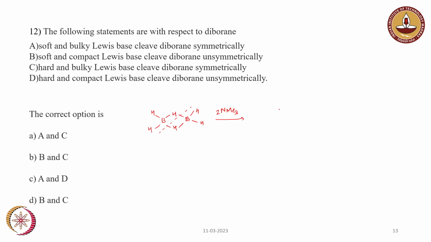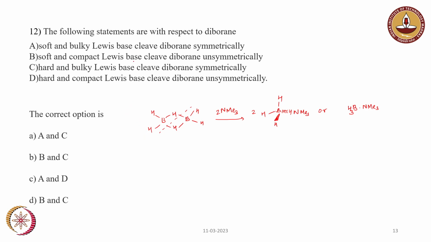So it will be BH3 and NMe3, or we can write it as BH3·NMe3. So lone pair on nitrogen will be donated to boron.